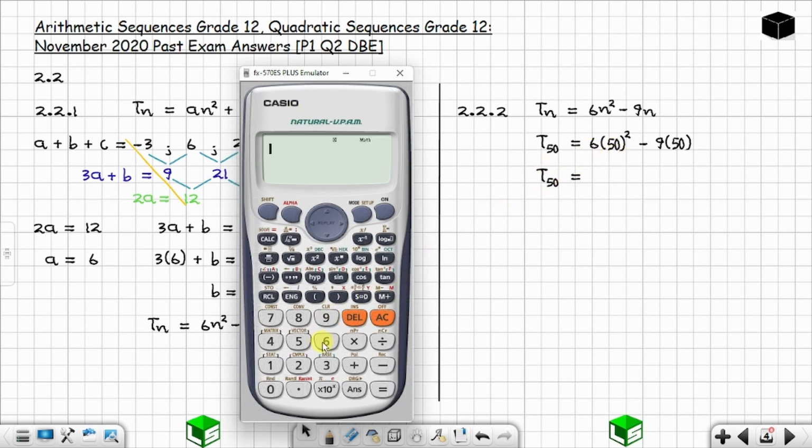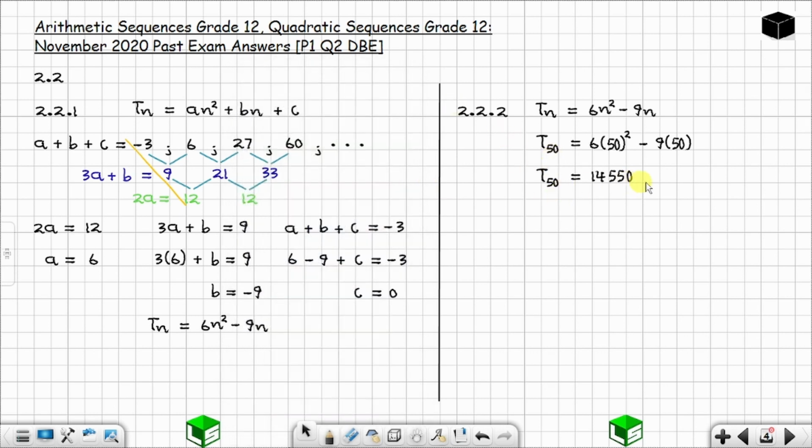You have 6 times 50 in brackets to the power of 2 minus 9 times 50 in brackets. What is the answer? It is 14,550. So T50 is equal to this.